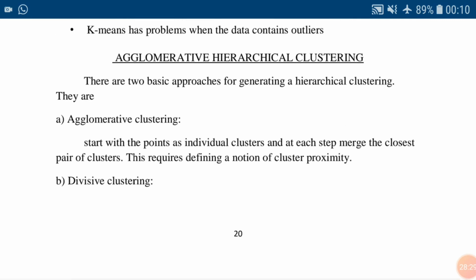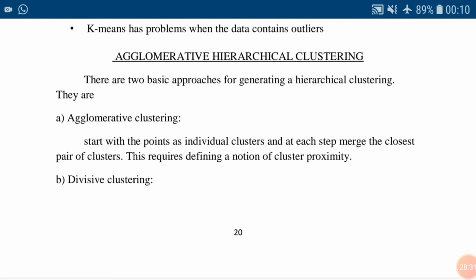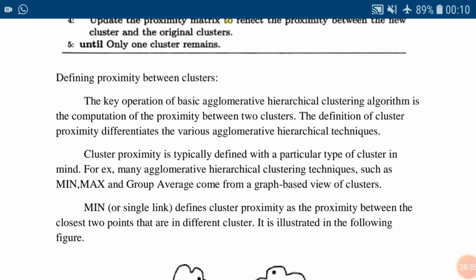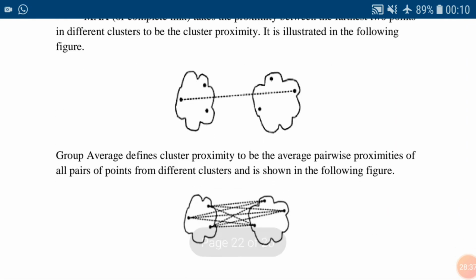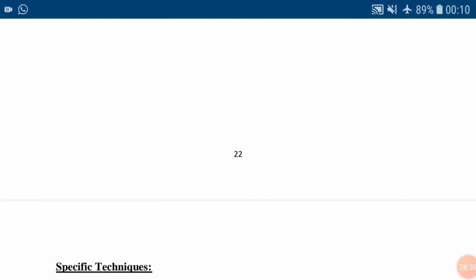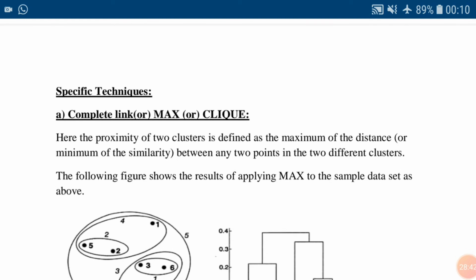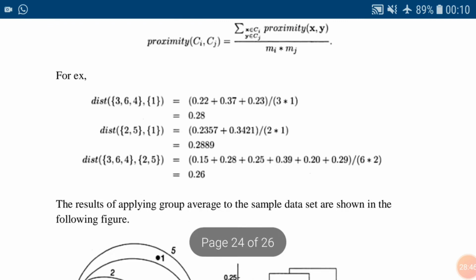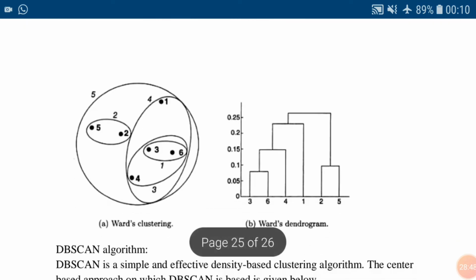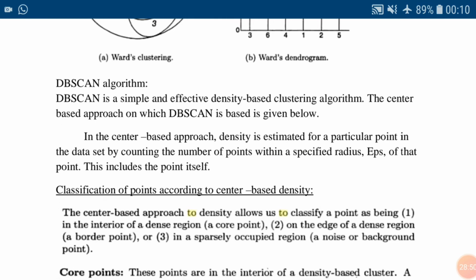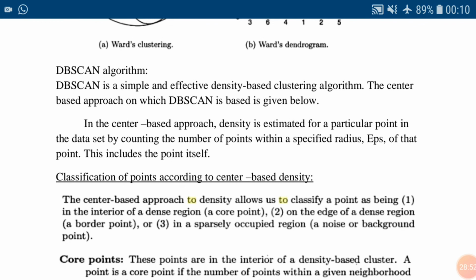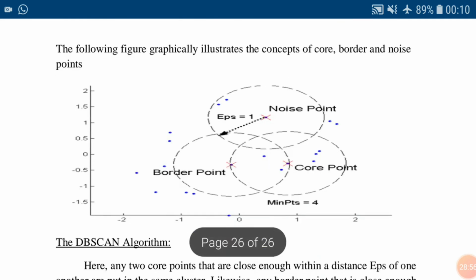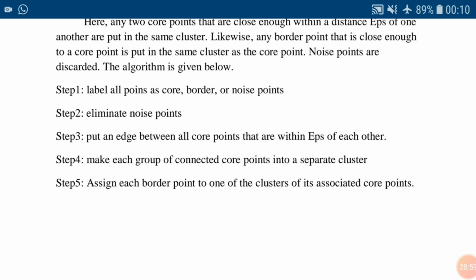We will see the entire k-means in one class. In another class, we will see agglomerative hierarchical clustering algorithms. The min, max method and group average all come under agglomerative hierarchical clustering. Next we will see the DBSCAN algorithm, that we will see in another class.